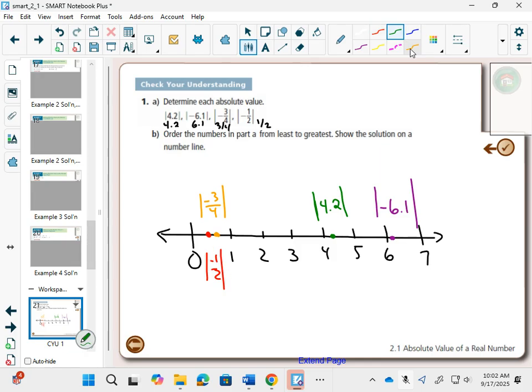So from least to greatest, it would go red, orange, green, purple. No problem. So we now know that the red one's the smallest, then the orange one, then the green one, then the purple one. And from least to greatest, it's just how far away they are from 0.